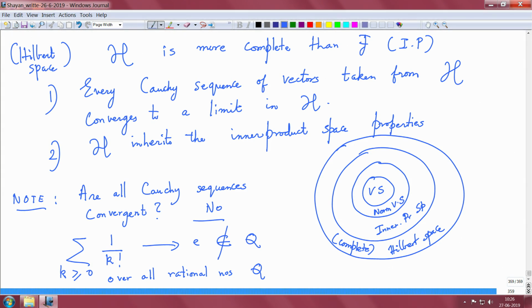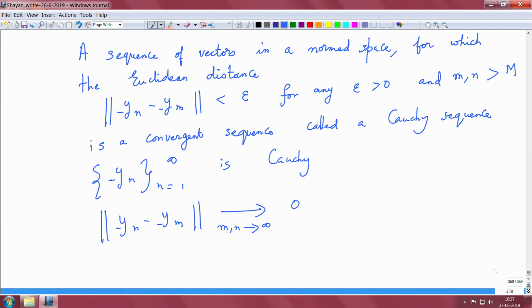So, a sequence is Cauchy if you take the norm of the difference vector, and as m comma n tends to infinity, this was our definition for the Cauchy sequence, that it is within epsilon tolerance, that means it converges. This is our notion of convergence of a sequence in the Cauchy sense.